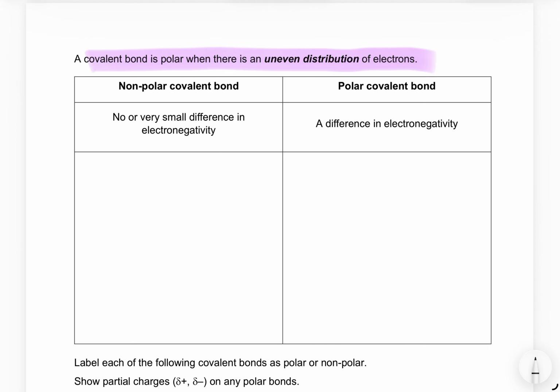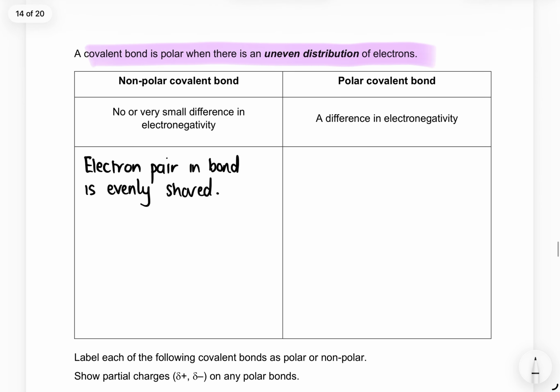That arises when there is no difference in electronegativity or a very small difference. We would say the electron pair in the bond is evenly shared. We have no dipole on the molecule.